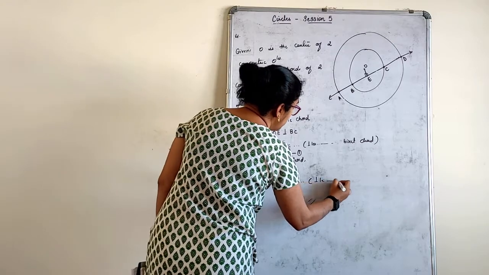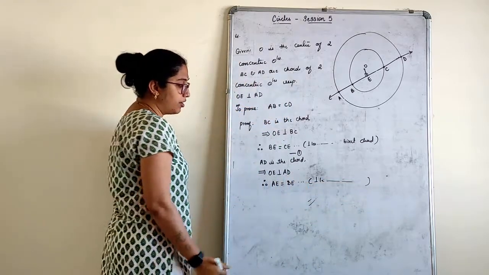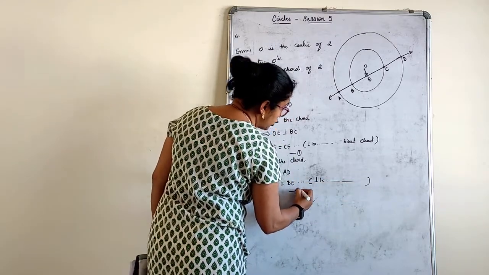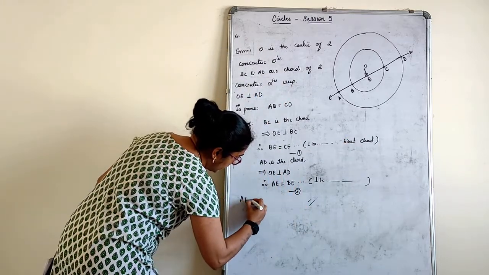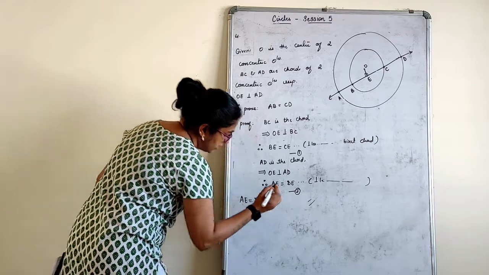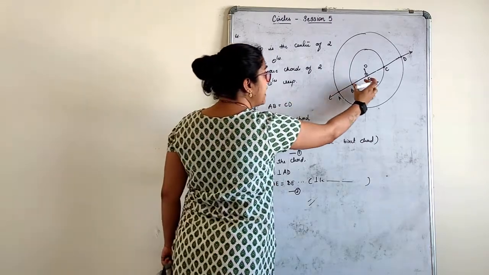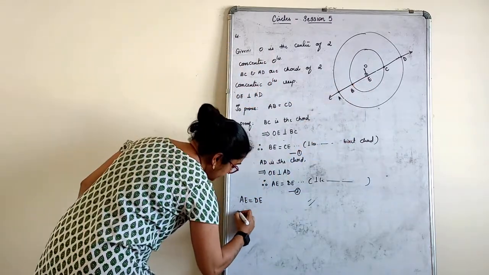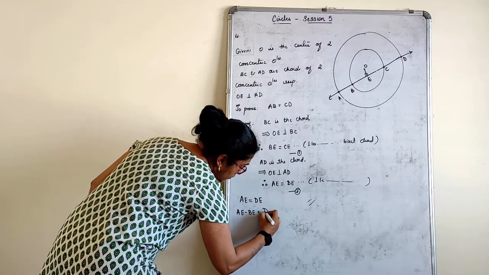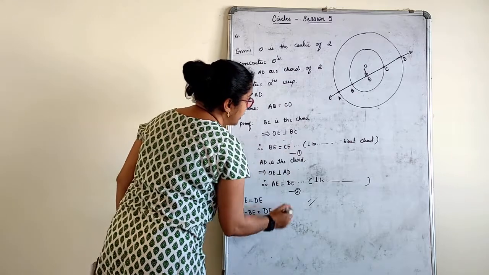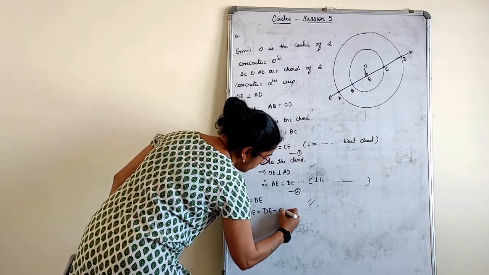Same reason, perpendicular drawn from the center to a chord bisects the chord. Equation 2. Last one. Again, I will write here AE is equal to DE. From AE, what if I remove BE? AE minus BE is equal to DE minus CE.